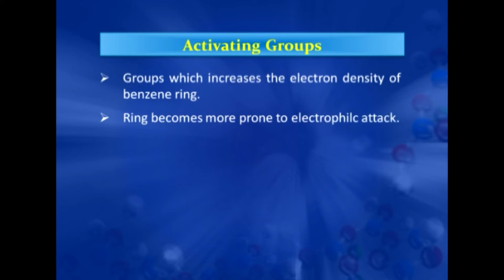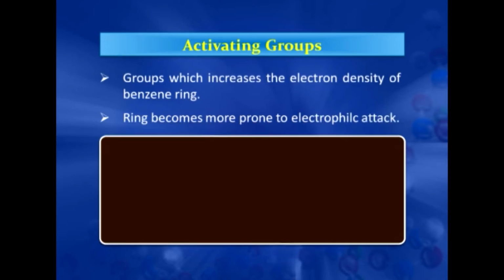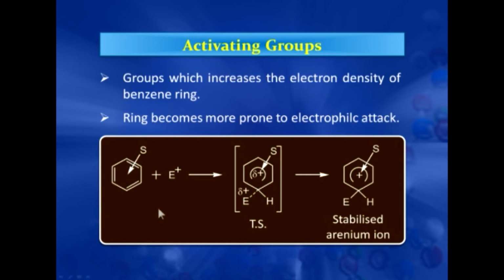So, why does it become more prone to electrophilic attack? Now, let us see. If we take this substituted benzene, this S is the substituent, which can be present on any one position of the benzene. So, if electrophilic attack takes place, we get the intermediate formation of this arenium ion, which contains a positive charge.